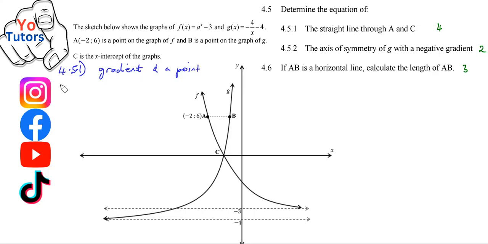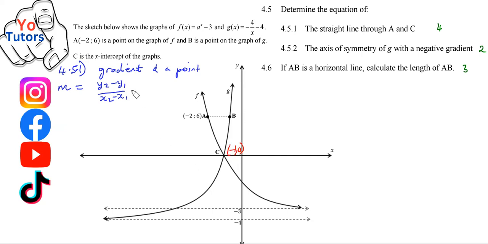So in this case, the gradient, which is m, is going to be equal to y2 minus y1 over x2 minus x1. So we are dealing with 2 points here. The points that we have here are A and C. So C here is -1 and 0.